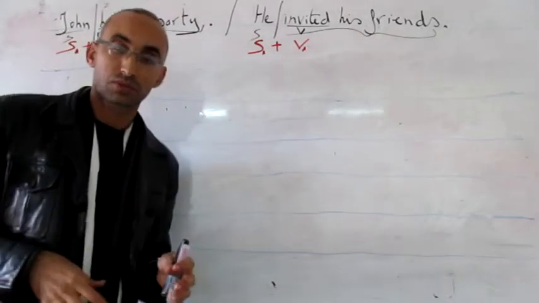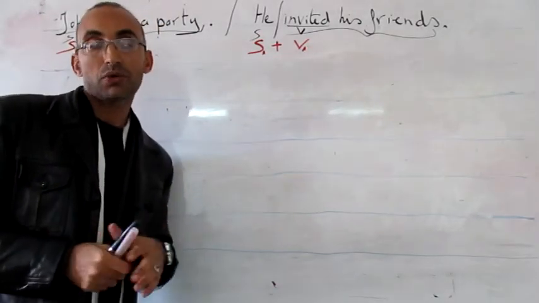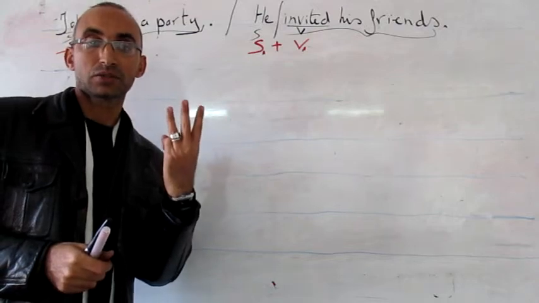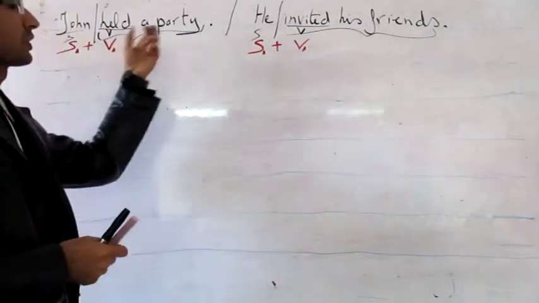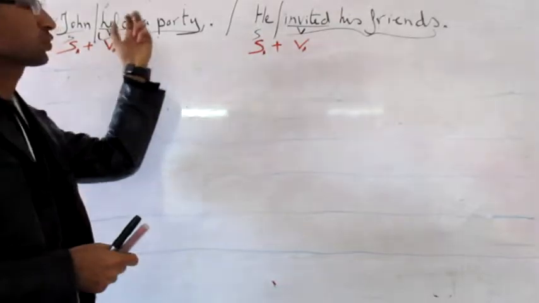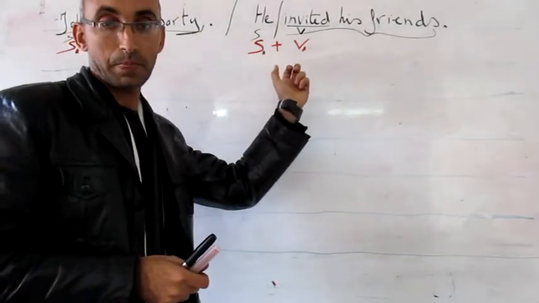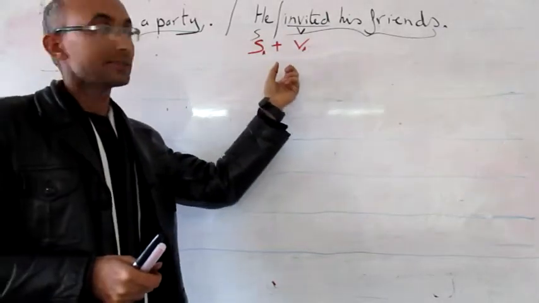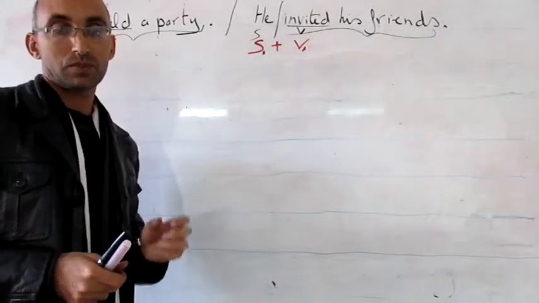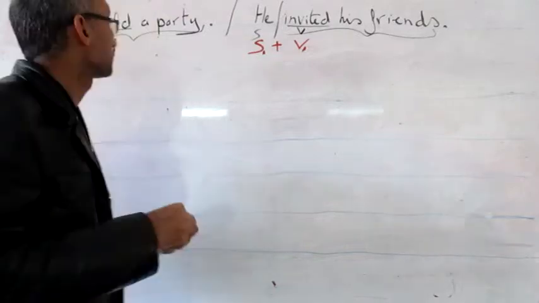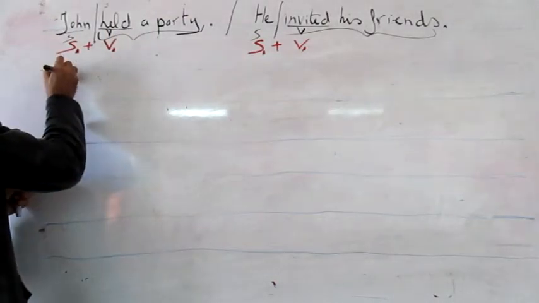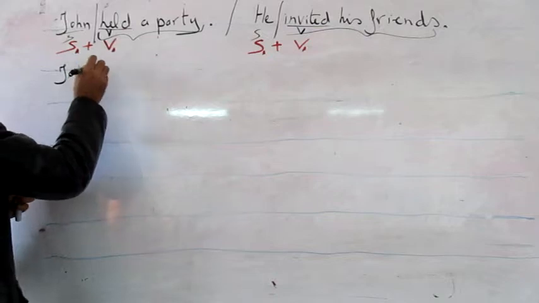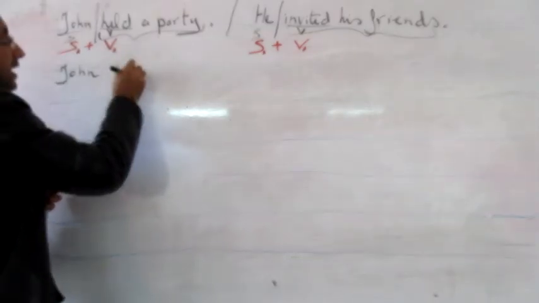English has three ways to join these two simple sentences in one complete sentence. For instance, we said, John held a party.